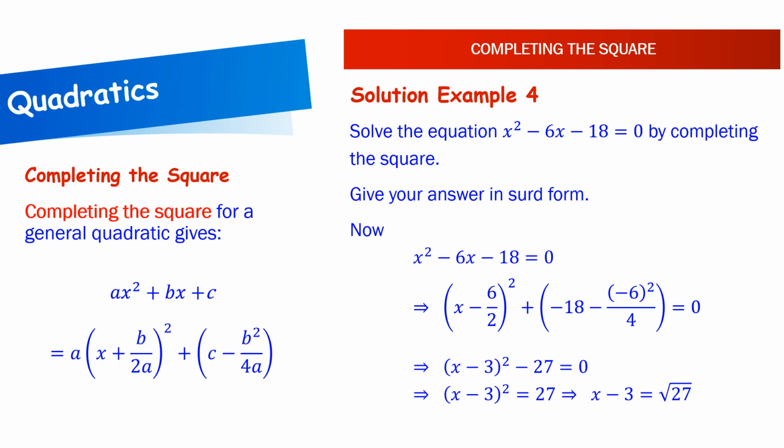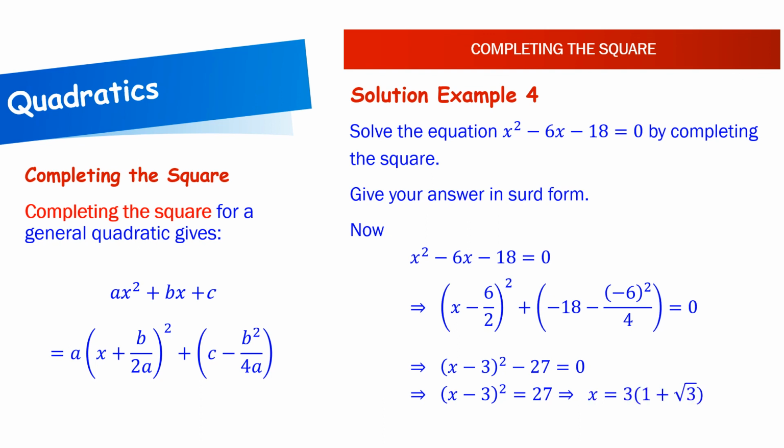Now root 27 is actually 3 root 3, as shown. We can write this as x minus 3 equals 3 root 3. And then rearrange to give x equals 3 plus 3 root 3. And finally factorize to give 3 times 1 plus root 3.